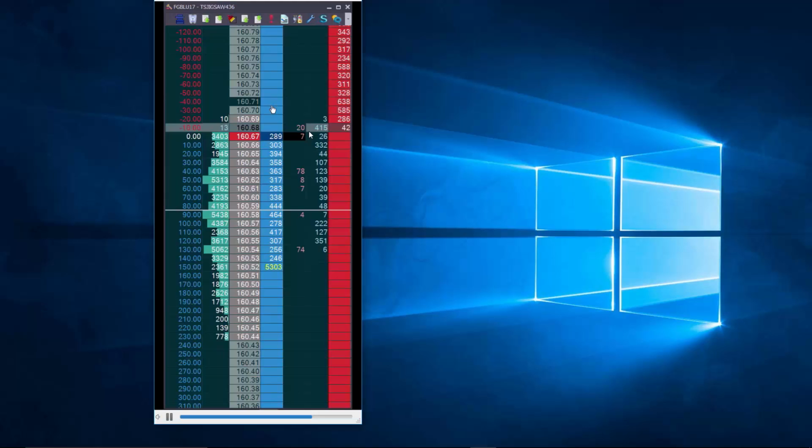It's always good to have your mouse where you want to click, especially if you need a quick exit. Really want to see sellers come in force here if they're going to defend these highs.